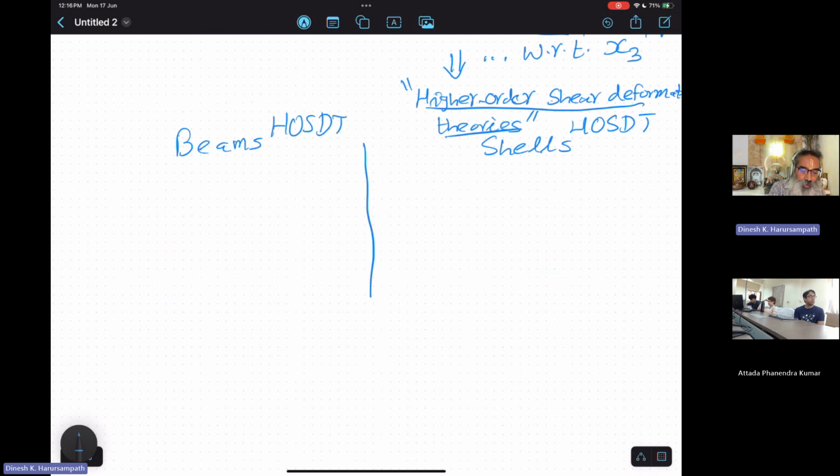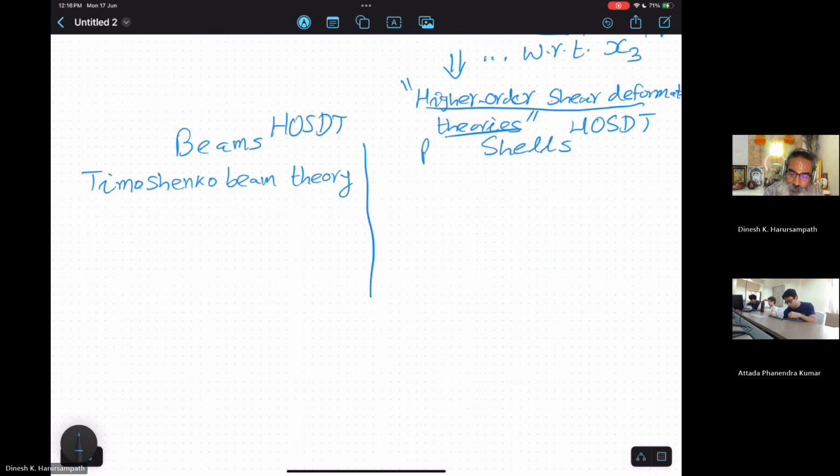And the first amongst them is called the Timoshenko beam theory here. And in the case of the shell or the plate, you call it, based on the people who first came up with it, Reissner and Mindlin.